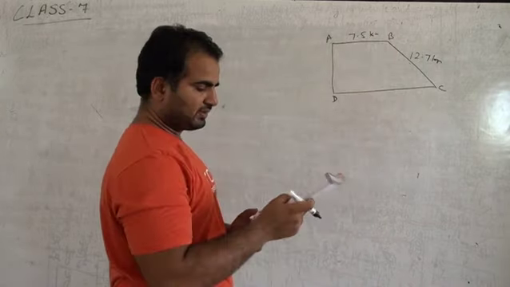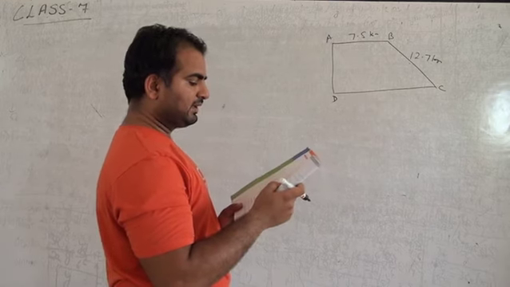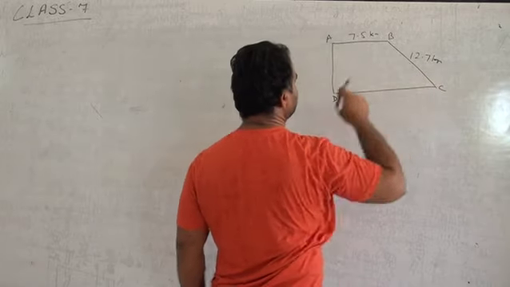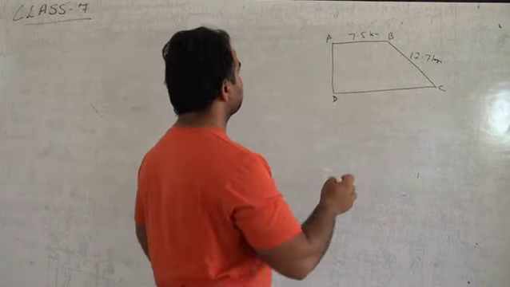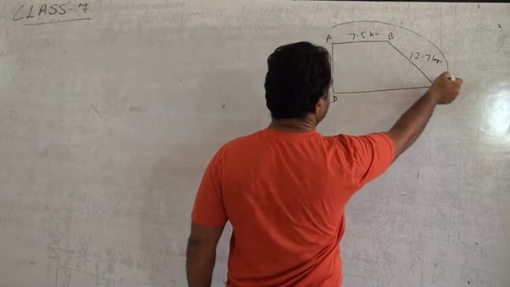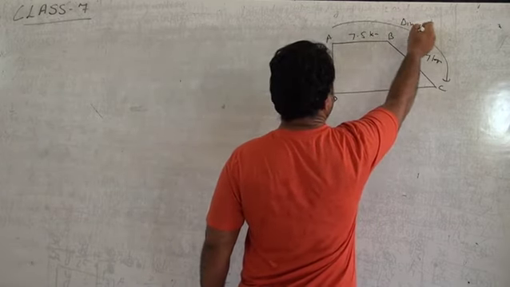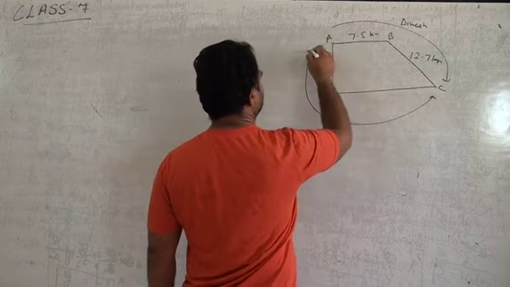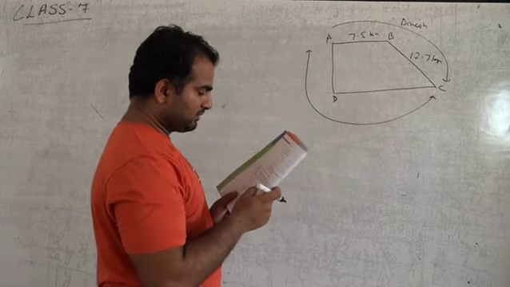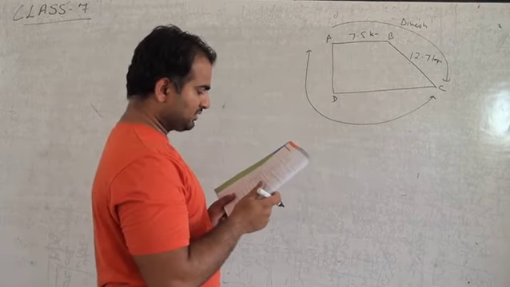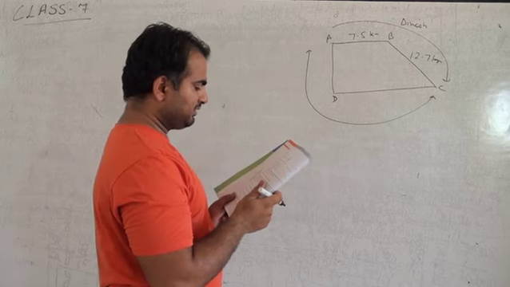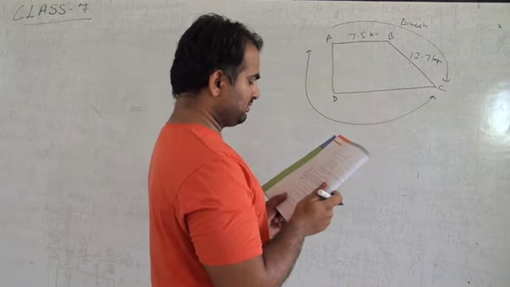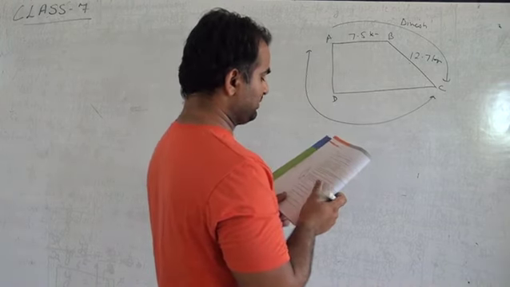Next, Ayub went from place A to D and D to C. This was the distance covered by Dinesh from A to B and B to C. And Ayub goes from A to C from the other side.